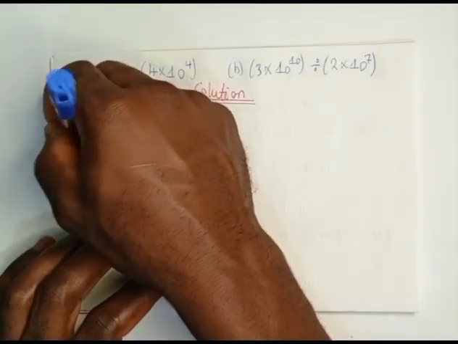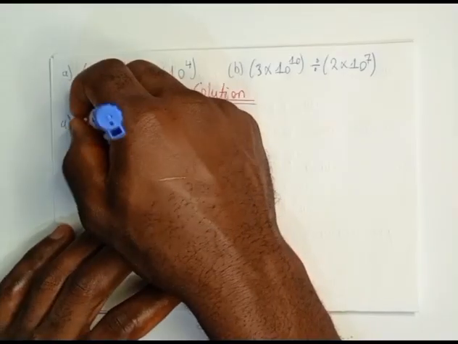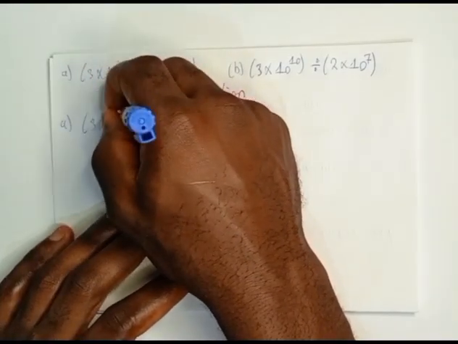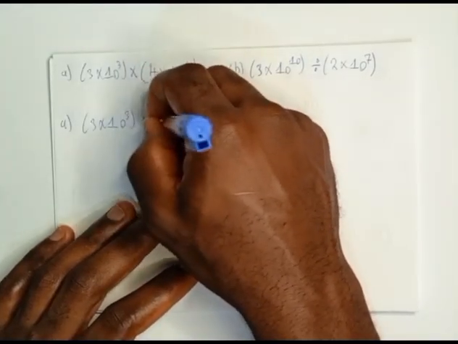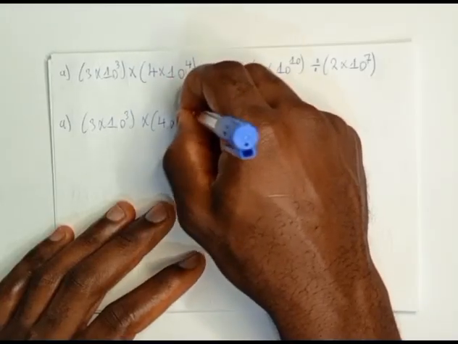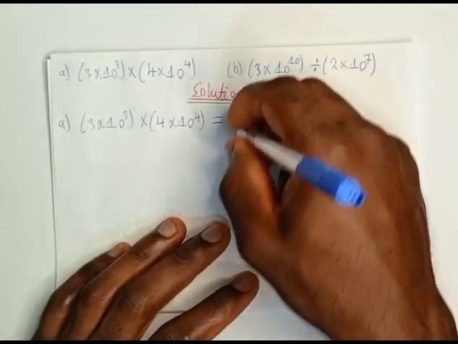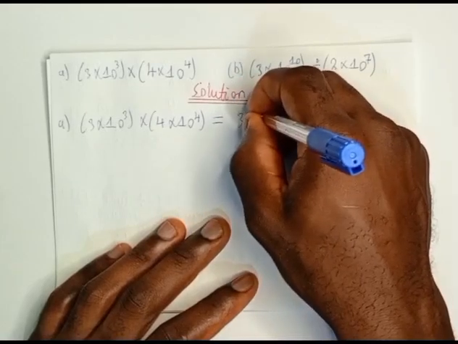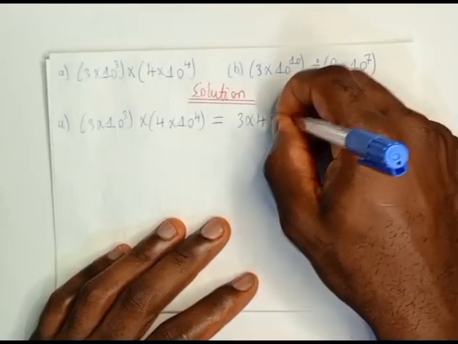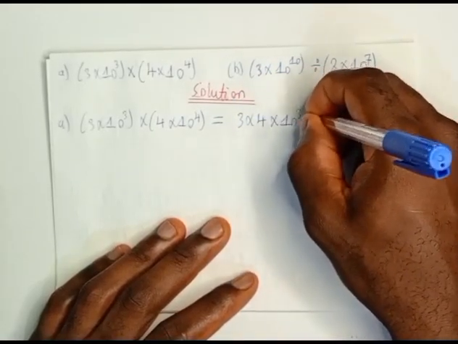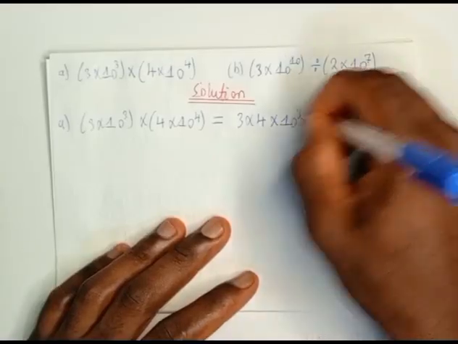For question A, 3 times 10 to the power 3 times 4 times 10 to the power 4 is simply equal to 3 times 4 times 10 raised to the power 3 times 10 raised to the power 4.